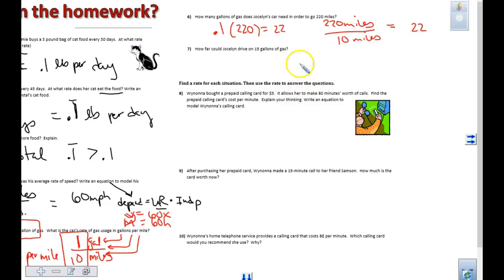Like using this proportion over here, putting 1 gallon to 10 miles equals, we don't know the gallons, right? X, this was our gallons, to 220 miles. And if you did this and you flip these two around, it would still be that same ratio, yep?